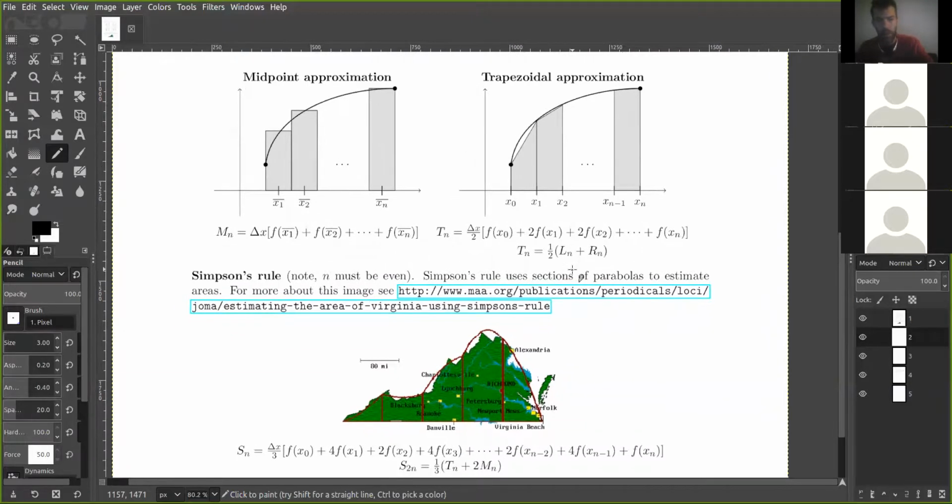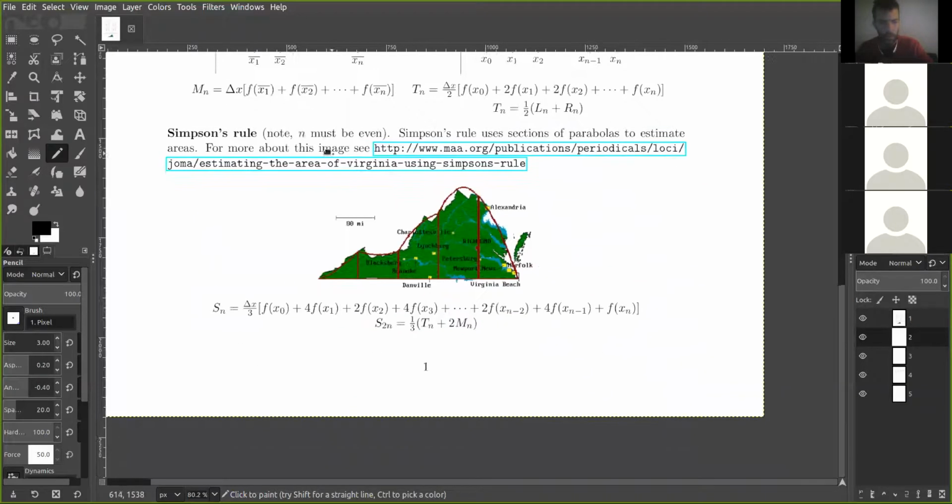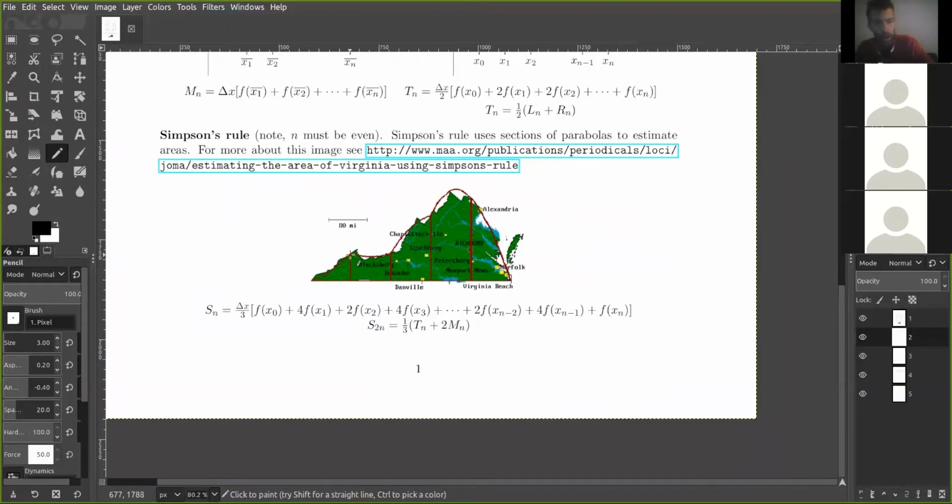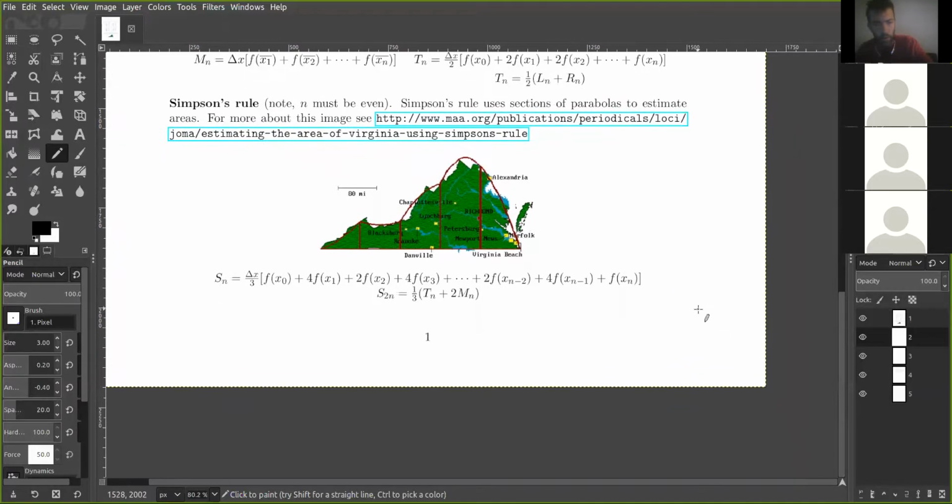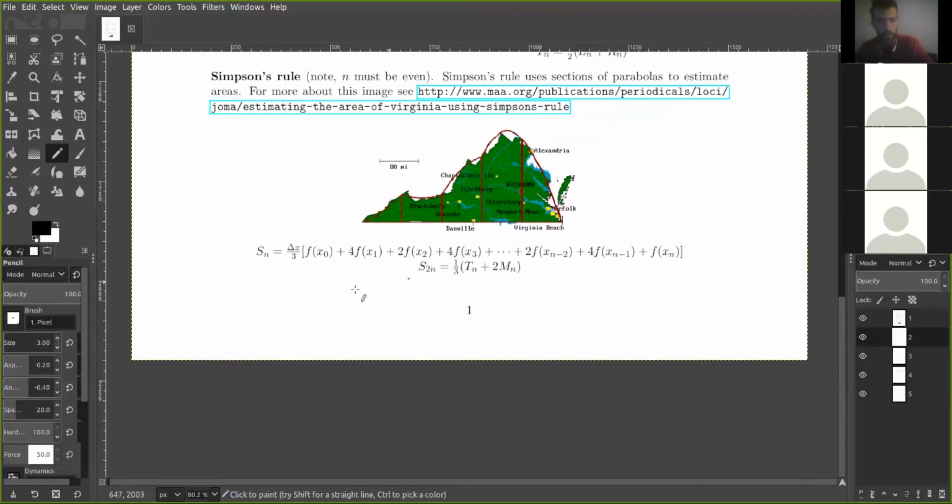Then there's this fancier one here, Simpson's rule, where instead you approximate each height by a parabola, and it's really technical and really complicated, and doesn't really give you much more information. And here's a fancy formula for it. So it's just this guy.